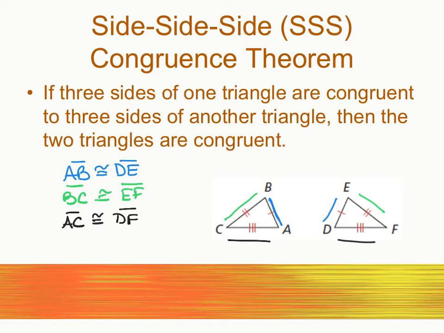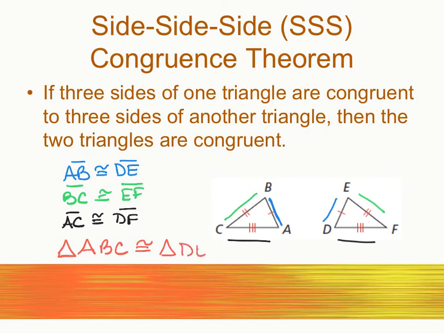Now, if they also ask you to write a congruency statement, the order that you write the letters is important. So for my congruency statement, I could start out by putting the first one in alphabetical order. I could say that ABC is congruent. Now, when I write the order of the letters for the second triangle, it has to be a perfect match.